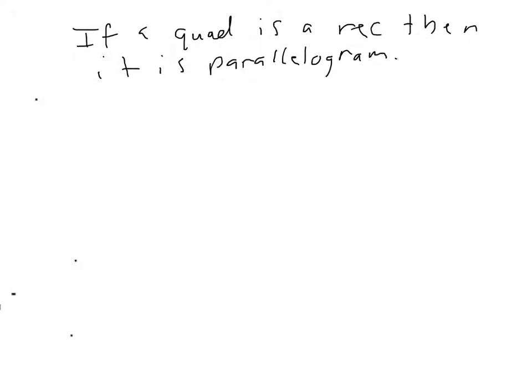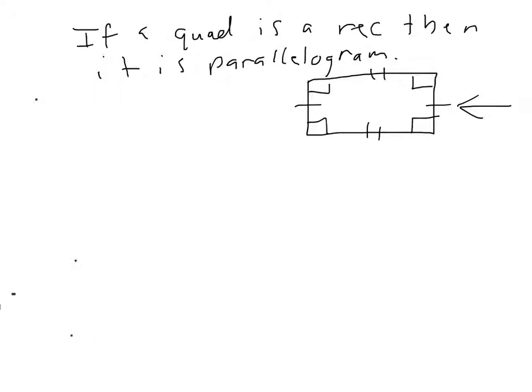If a quadrilateral is a rectangle, then it is a parallelogram. So if you have a picture of a rectangle, you know a rectangle has opposite sides that are congruent, and you know that each angle is 90 degrees. So if you have a quadrilateral that is a rectangle, then this would be a parallelogram. Okay, so that's the first thing you need to know.